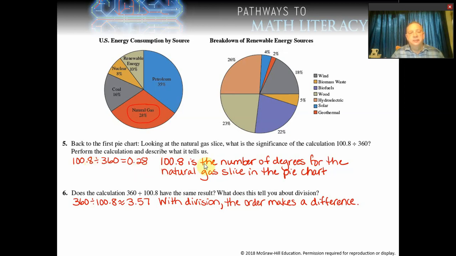We've looked at that. Does the calculation 360 divided by 108 have the same result? If I did this division, I get 3.57, and that basically tells us that order makes a difference. If I flip these things, 2 divided by 4 is a half, but 4 divided by 2 is 2. It's not going to be the same thing.